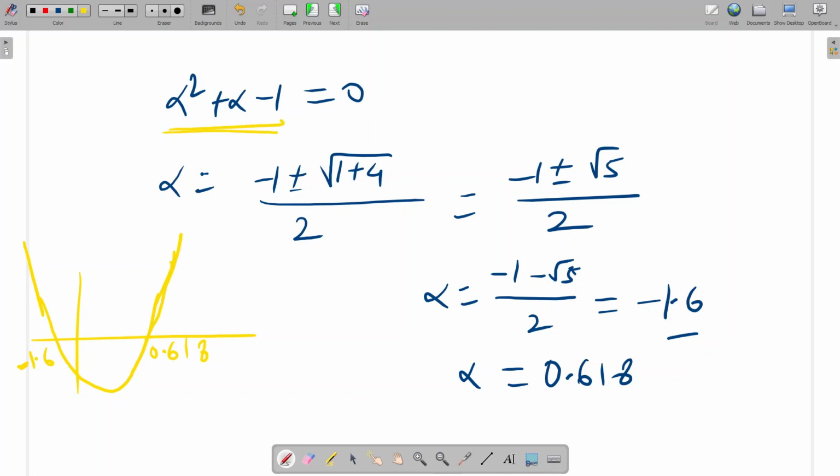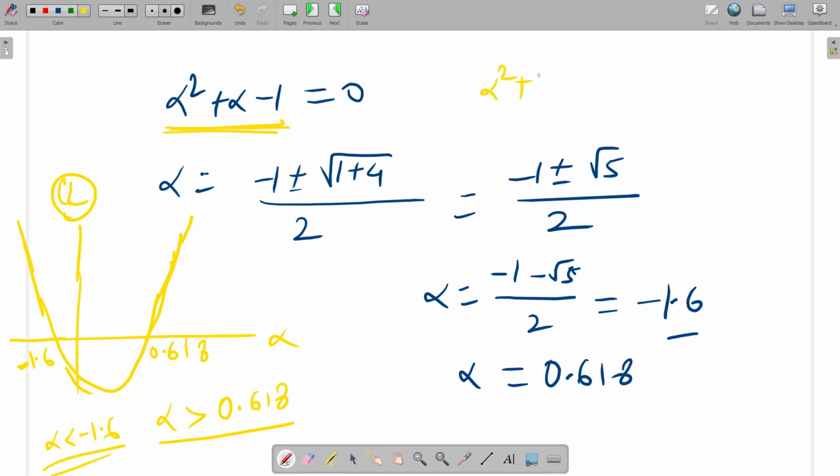So when this value will be positive, it is possible; this is the alpha axis and this is the quadratic axis. If alpha is greater than 0.618, then it is possible, or if alpha is less than minus 1.6, then also alpha square plus alpha minus 1 is greater than 0.